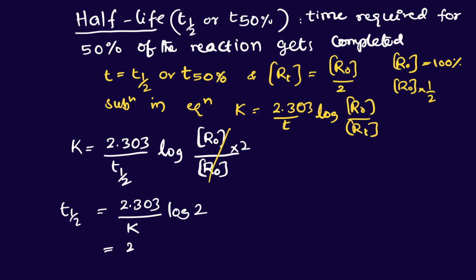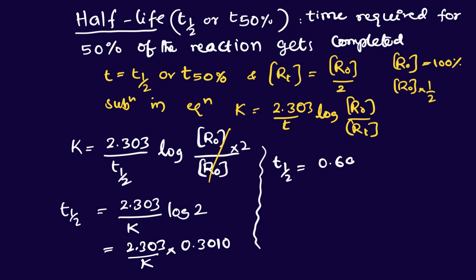So this is 2.303 by K. Log 2 value is 0.3010. On multiplying 2.303 and 0.3010, you will get T half is equal to 0.693 by K.